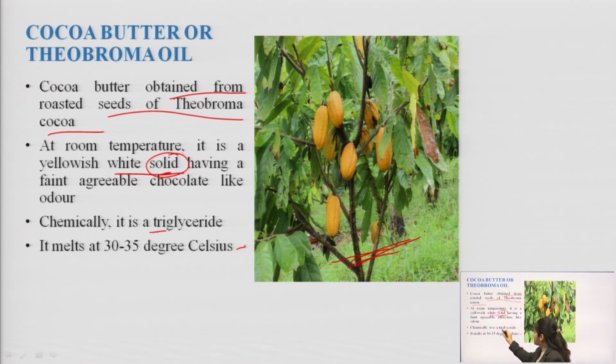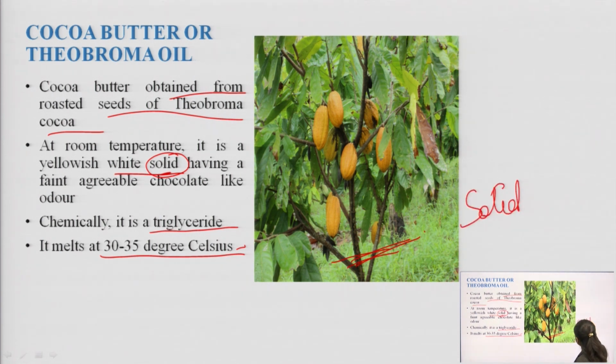Moving ahead, it is a triglyceride. Definitely it is an oleaginous base, so it is a triglyceride. Now, here comes the most important point: it melts at 30 to 35 degrees Celsius. As I just mentioned, cocoa butter is usually solid at room temperature, and as we have discussed earlier, the suppository that we make should be solid at room temperature.